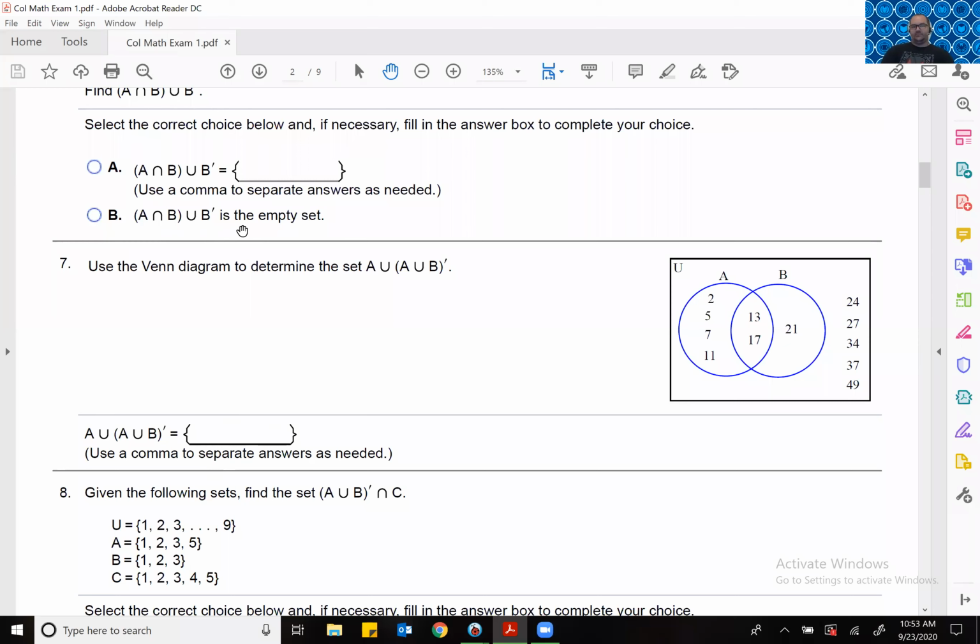But it would have been the empty set if it was an intersection for this problem. Absolutely. But we had answers. So in this space, you would click in it, you would be putting 2, 5, 7, 11, 13, 17, 24, 27, 34, 37, 49. So that's all the numbers that would go in there. So basically, you're listing all the numbers up here, but 21. Lowly 21 didn't get to go.